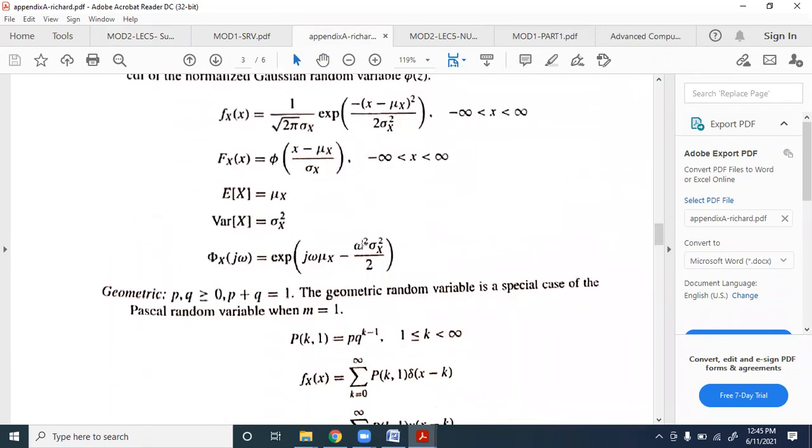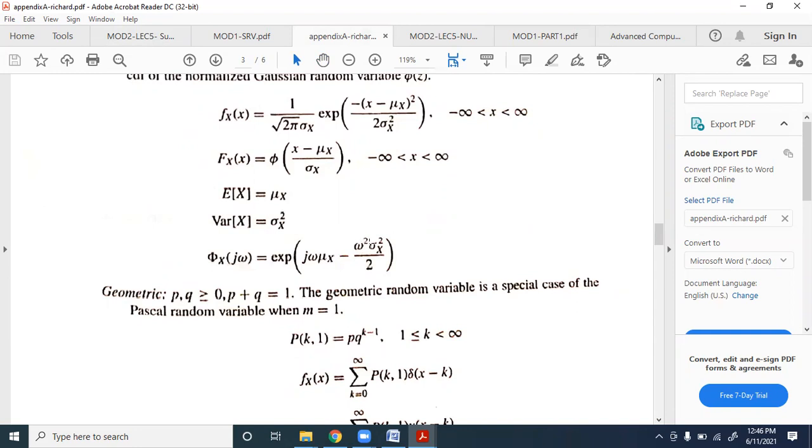Okay, for the Gaussian random variable, the characteristic function is this, and now mu x is equal to 0, and sigma x squared is given as 3, and sigma y squared is given as 7. So phi of x will be equal to exponential of minus 3 omega squared by 2. Phi of y is equal to exponential of minus 7 omega squared by 2.